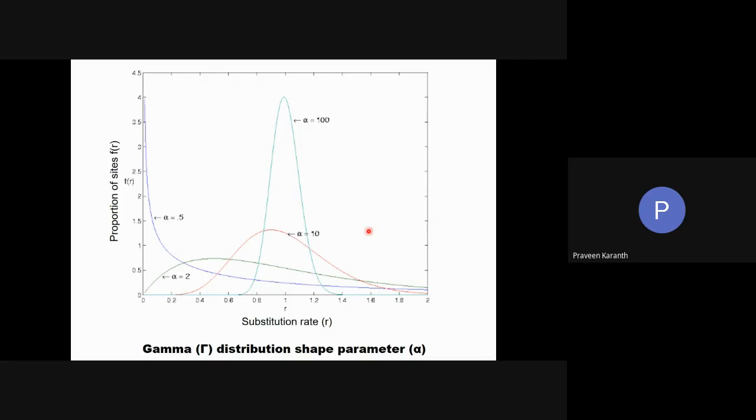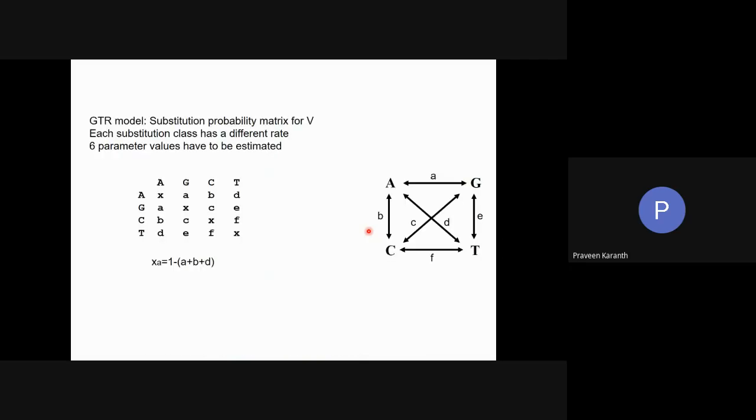No. So, for example, what GTR is basically saying is that change from A to C, A to G, A to T is different. Similarly, T to G, T to C, T to A is different. But it is not going to tell you whether there is difference between sites in these substitutions.